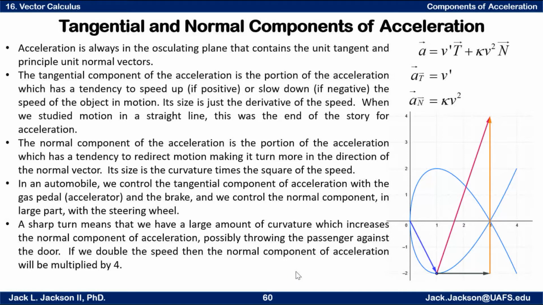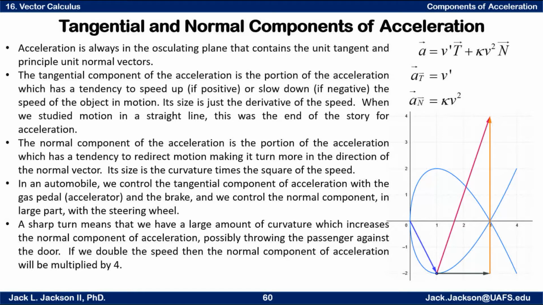And that's going to also have a tendency to throw you against the door. So you could have the same curvature, but if you're going around the curve really fast, it's going to have a tendency to make the car or the passenger slide out. If you have a larger speed with the same curvature, that's going to do it, or the same speed with a tighter curve, it's going to have more effect of throwing you out to the side.